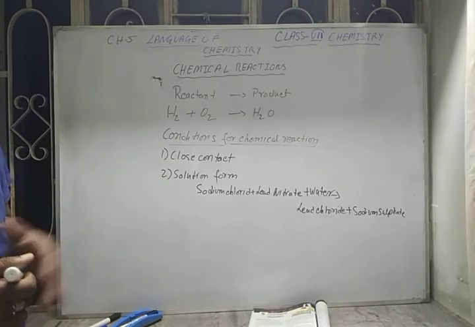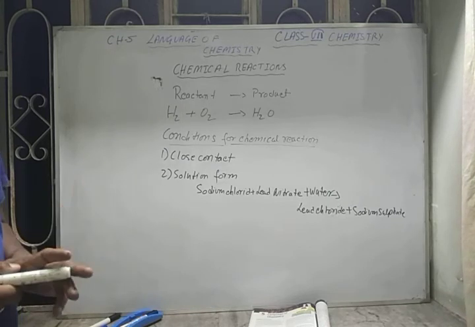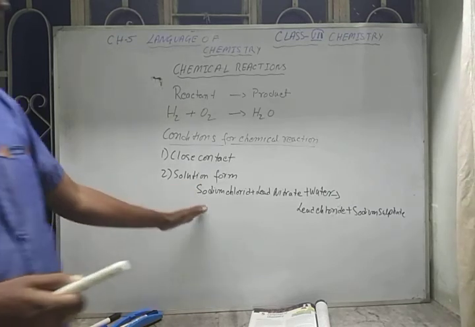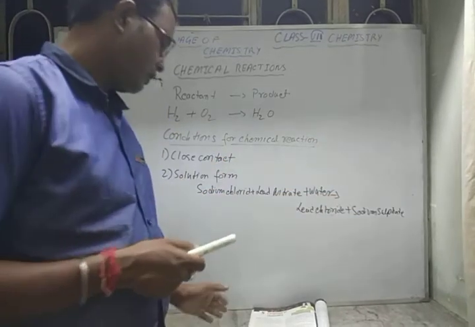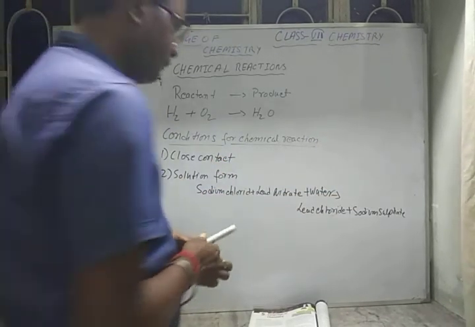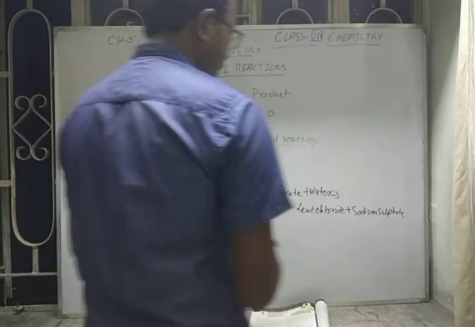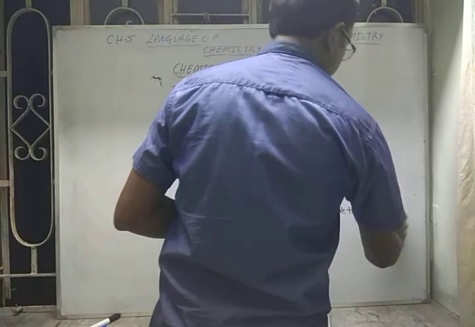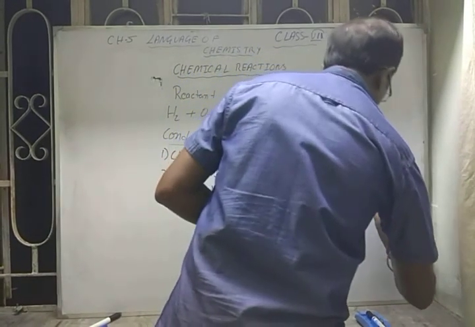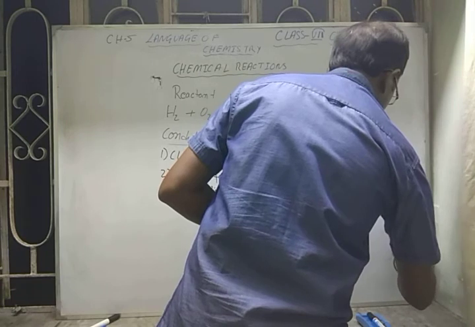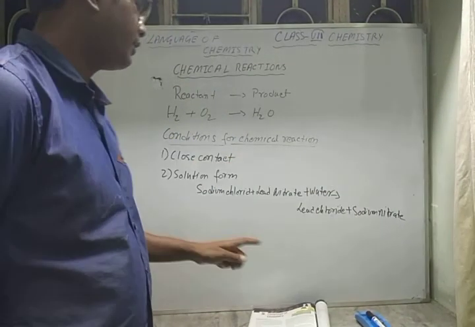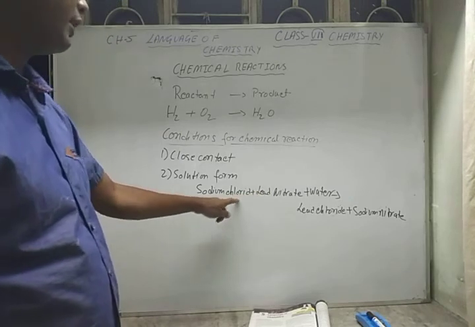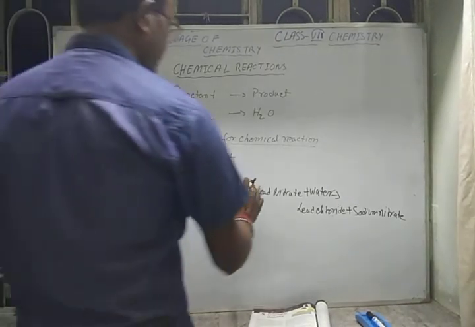So when we put water, we are making the solution form. Then this sodium will react with nitrate to form sodium nitrate. Sorry, not sulfate, I have written it wrong. I have taken the nitrate. This sodium will react with nitrate to form sodium nitrate, and lead will react with chloride to form lead chloride.